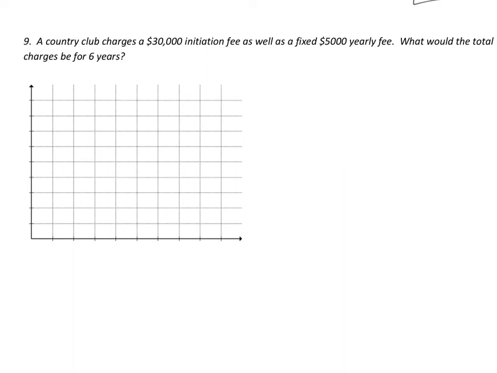So for this one, I think it'd be pretty easy to understand that T again is time, and let's say C for total charges. And we'll take our total charges in dollars and our time in years. And you can see that we would use years right here and dollars being here.